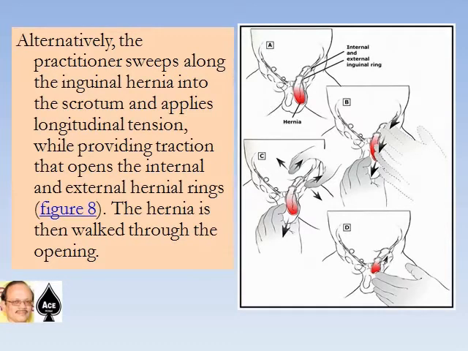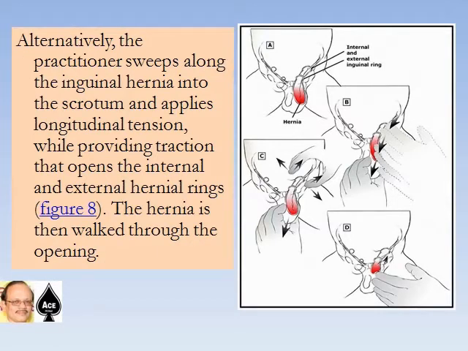Alternatively, the doctor can sweep along the inguinal hernia into the scrotum and apply longitudinal tension while providing traction that opens the internal and external hernia rings. The hernia is then walked through the opening.